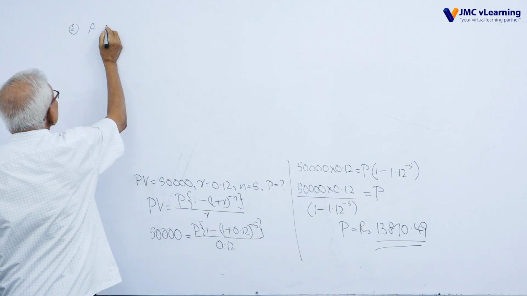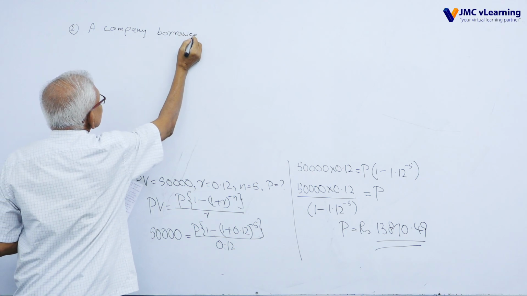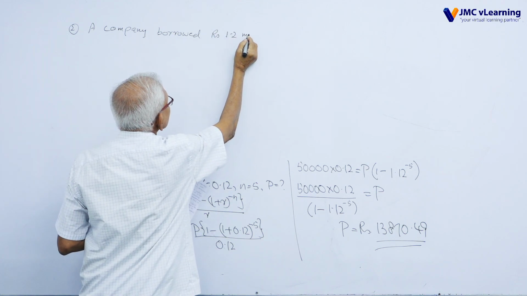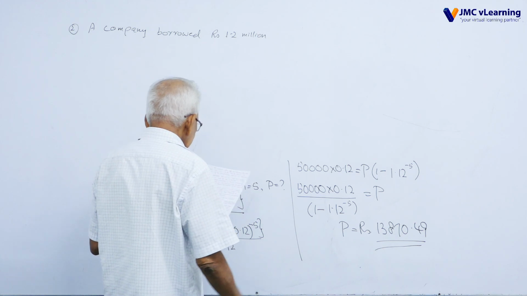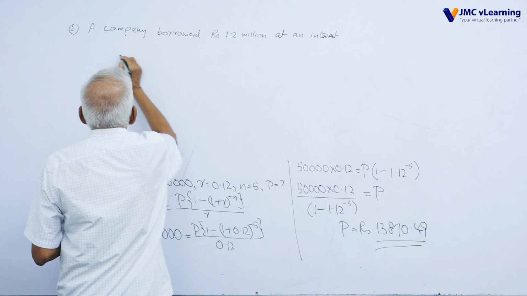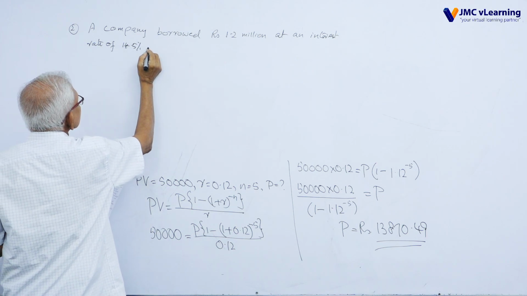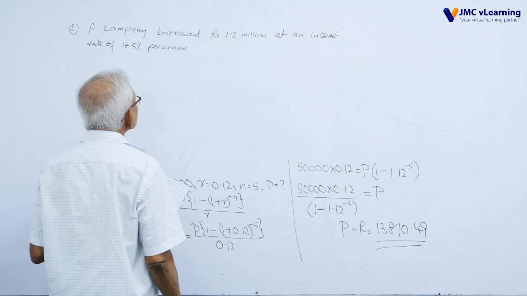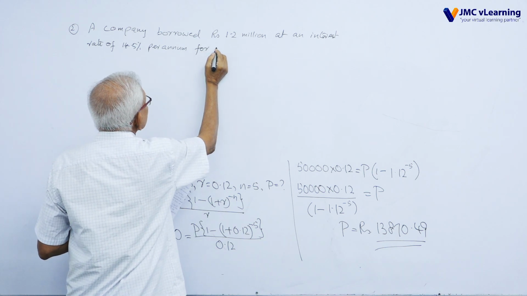A company borrowed rupees 1.2 million at an interest rate of 14.5% per annum for 15 years.